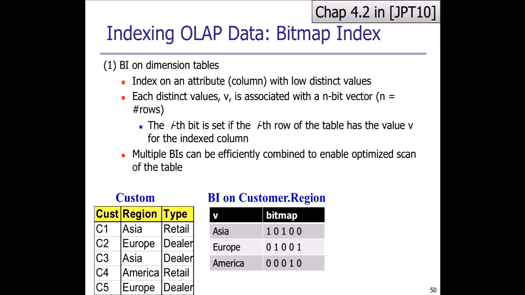Many of the things stay with relational databases. Nowadays, bitmap index and join index are widely used in relational databases. I think Postgres, starting from version 8 or 7 point something, supports bitmap index. So even the open source versions do that.